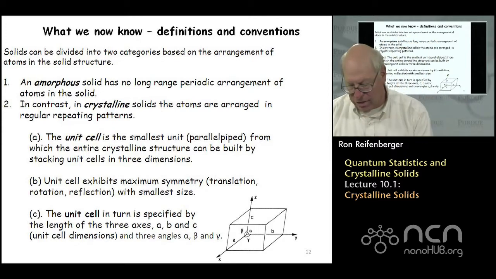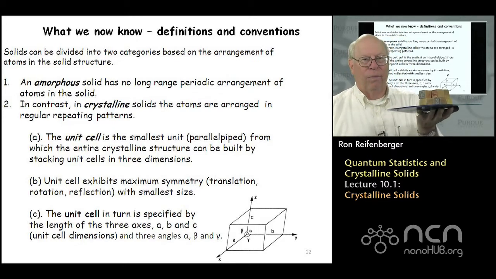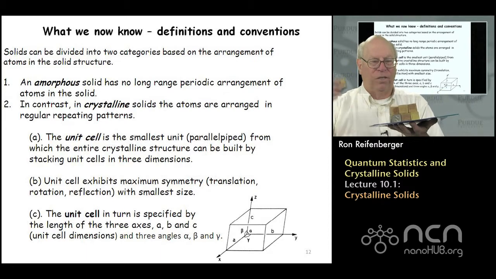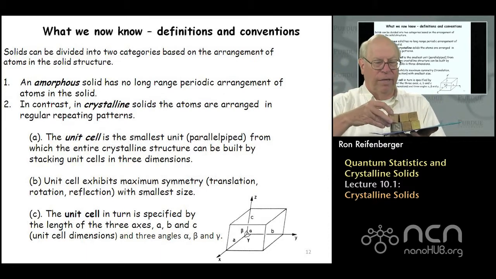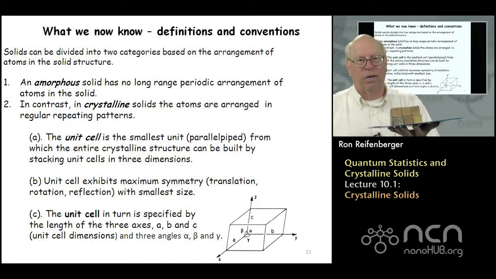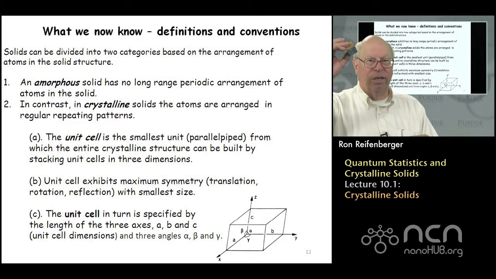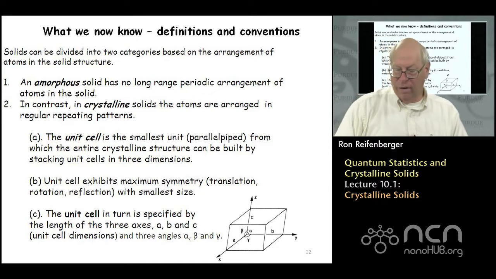If you assemble these unit cells in 3 dimensions, you can fill all space and produce a crystalline structure that has the same symmetry as all the atoms contained in the unit cell.